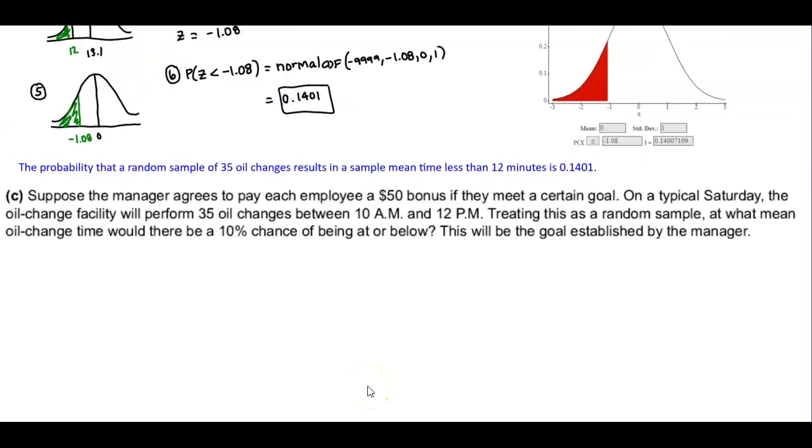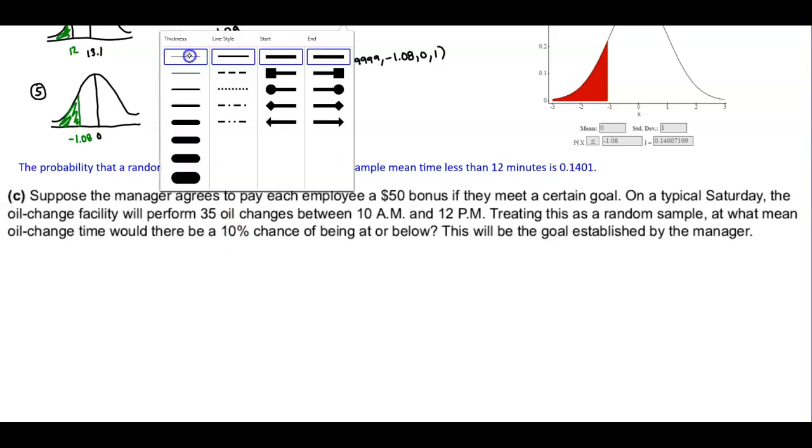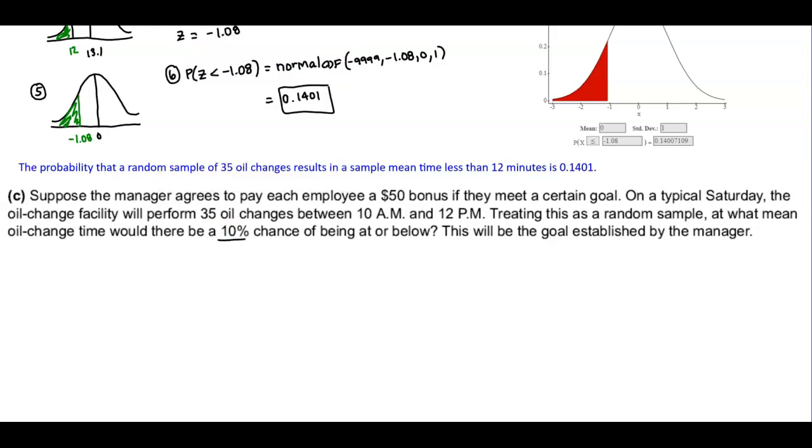So for this question, we first need to find a z-score that's associated with the 10%. With a 10% chance of being at or below, what it means is that we're looking for an area of 10%, which is equal to 0.1000.